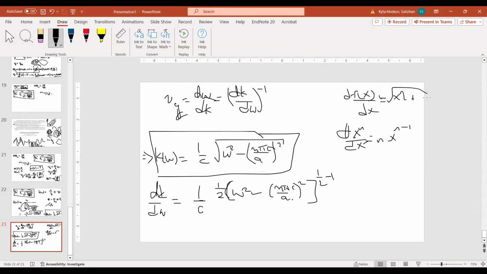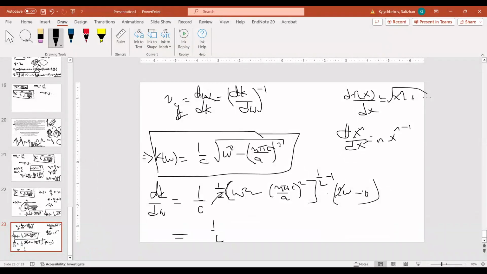Then we take the derivative of what is inside, multiplied by 2 omega. The derivative of omega is 1, and the other term was a constant, so 0. So what we are getting is 1 over c. The 1 over 2 and 2 cancel.